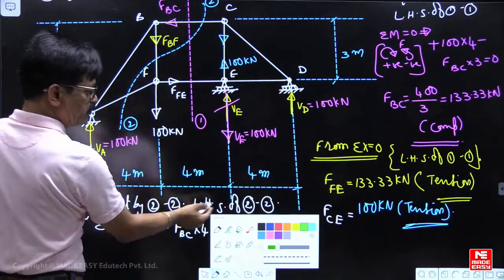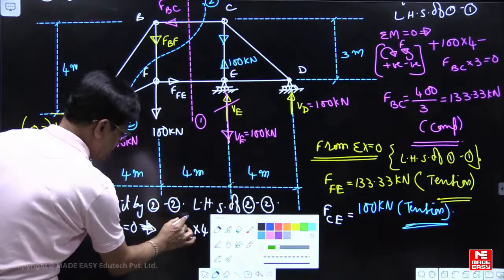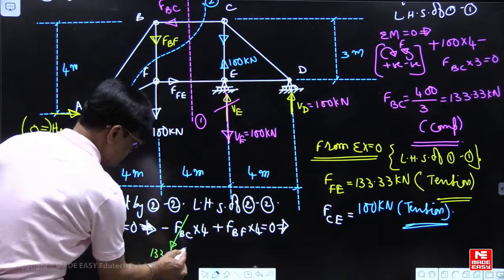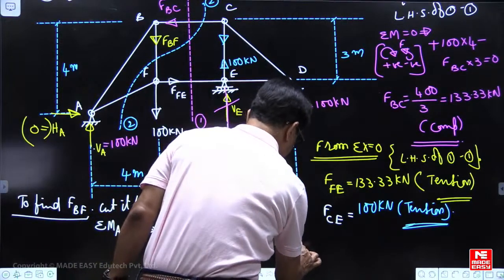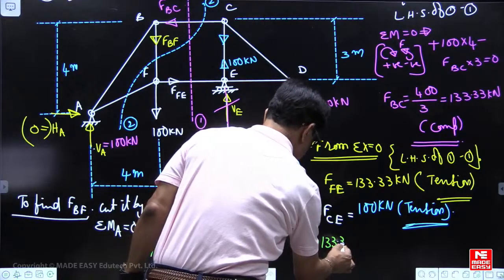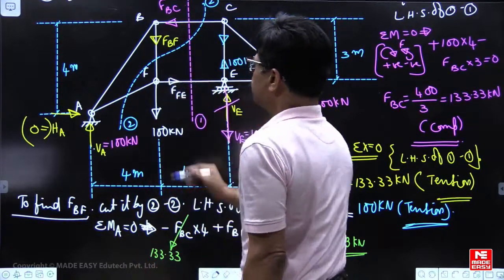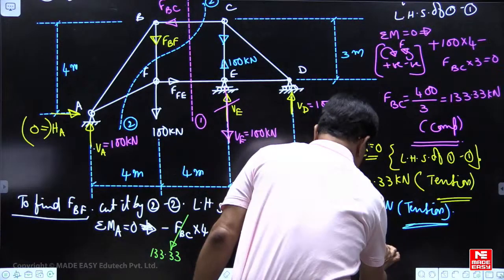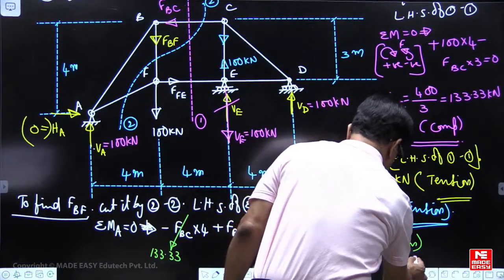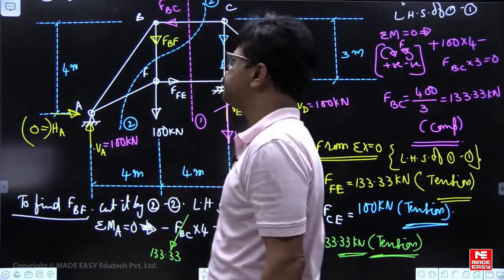FBC we got 133.33, which means that FBF you will get... Now what will happen to this one? The arrow mark is away from the pin, so tension. So this is one way of asking another question.